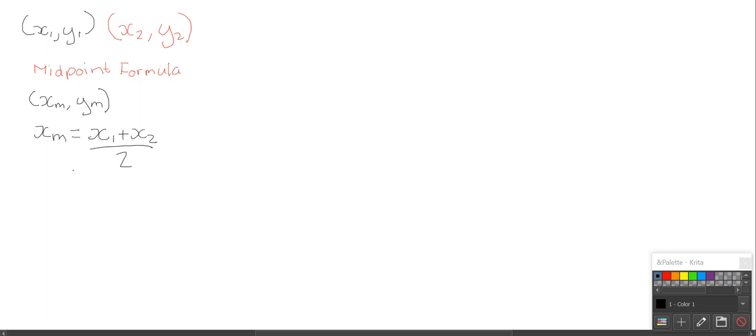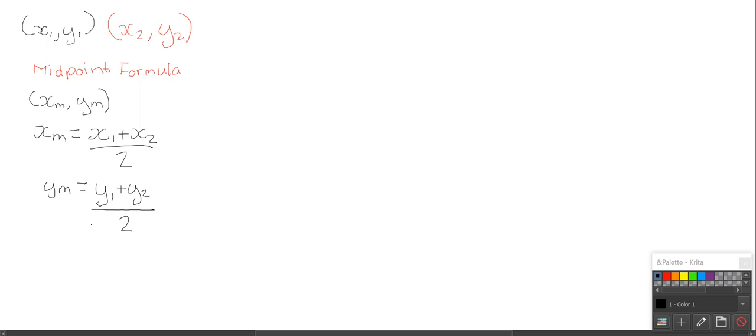For the y coordinate, ym for our midpoint would be equal to y1 plus y2 divided by how many points there are, which is 2. This is a strung out version of our midpoint formula, which you can find a shortened version of on page 223 of your textbook.